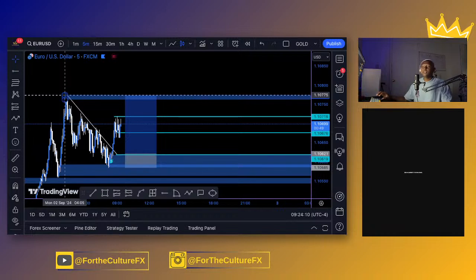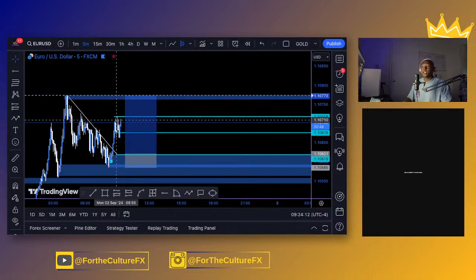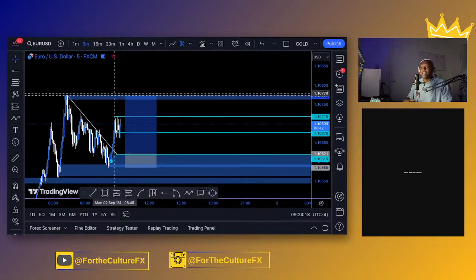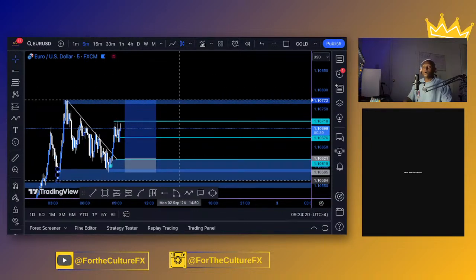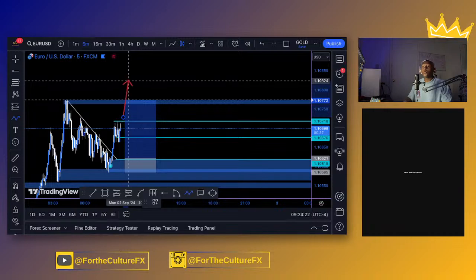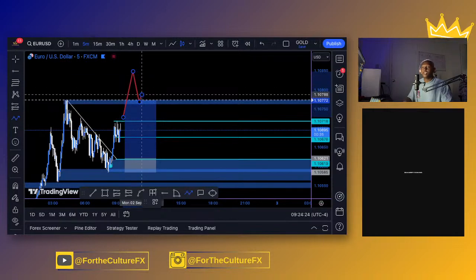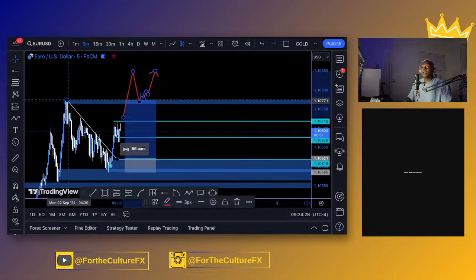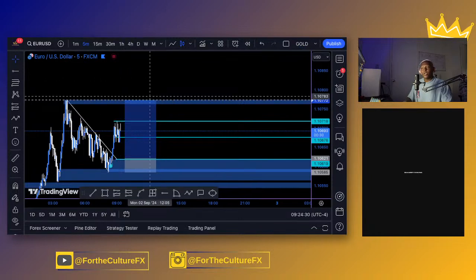Now, why I want to have this alert here, just in case, is because if price does just go without me and break this high, I want to be notified that price broke this high, and that way we can start to look for potentially, depending on how volume looks, and if we get a change of character in this area, a continuation retest play, like we mentioned.